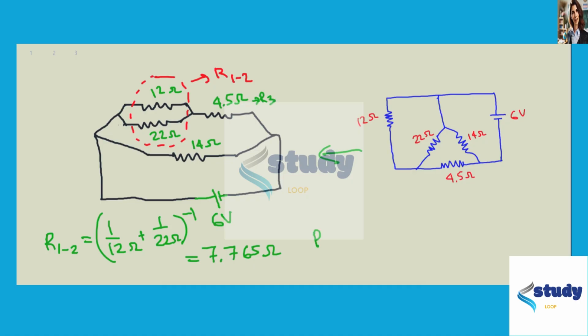So the total equivalent resistance will be R123, which is 4.5 plus 7.765 ohms, which is equal to 12.265 ohms.